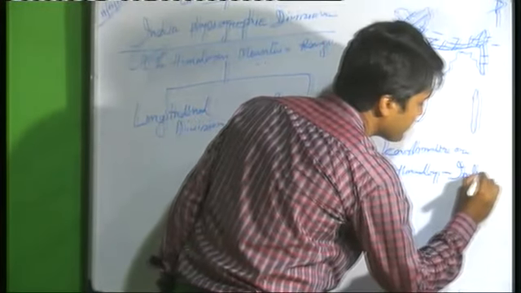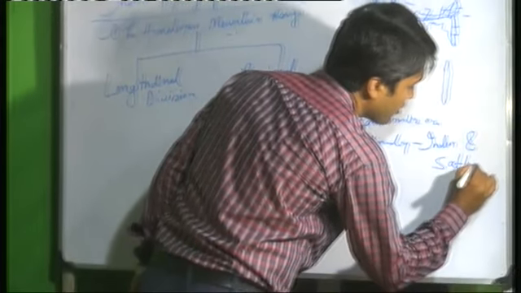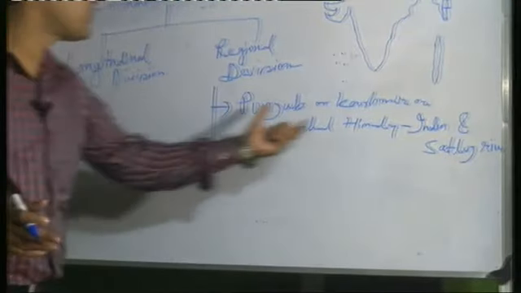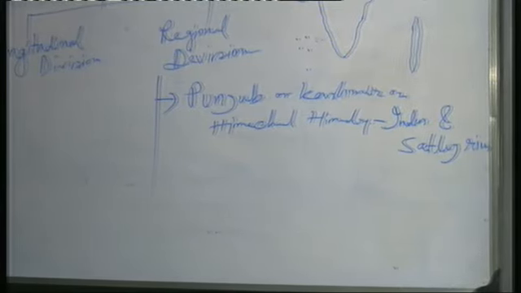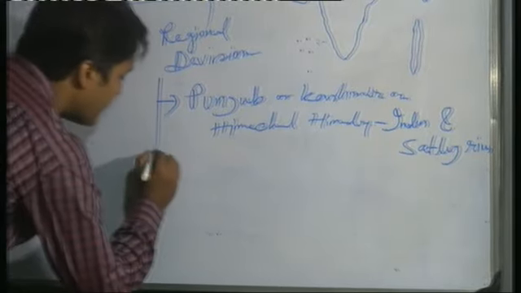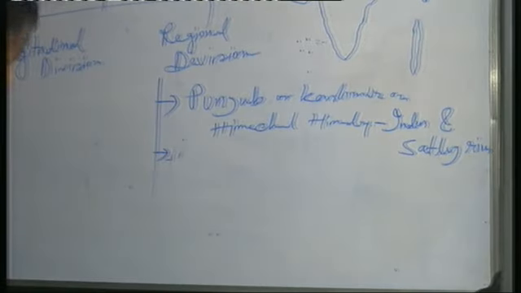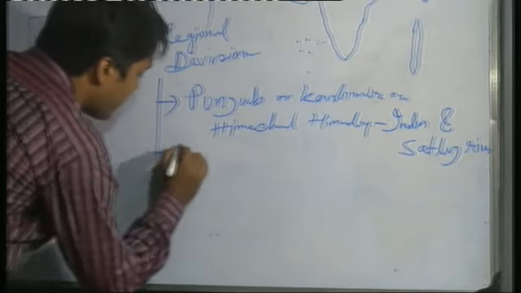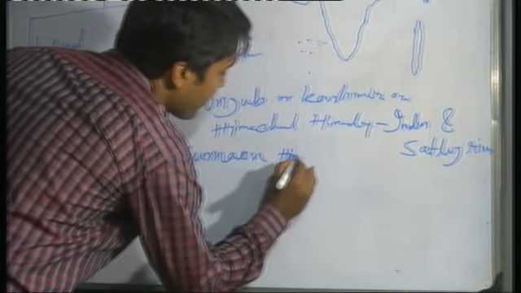This portion is situated in between the Indus and Satluj rivers. These Himachal Himalaya are different from the longitudinal division. Another division is in between the Satluj and Kali rivers. This is the Kumaun Himalaya.